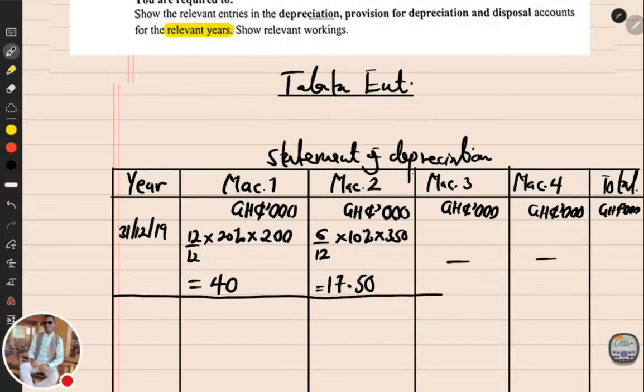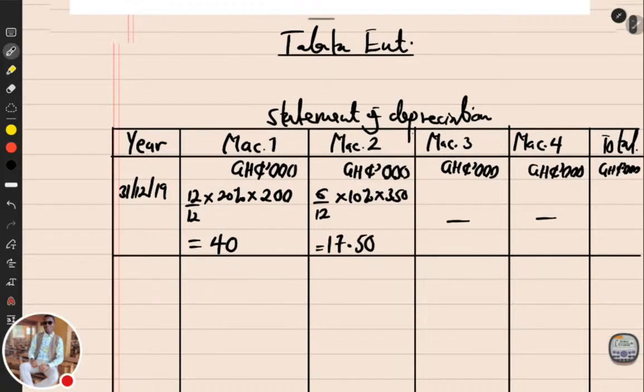And then what will be the total depreciation for the year 2019? We'll add the depreciation value of 40 and 17.5. That will give us a total value of 57.5. Then we are good to go.